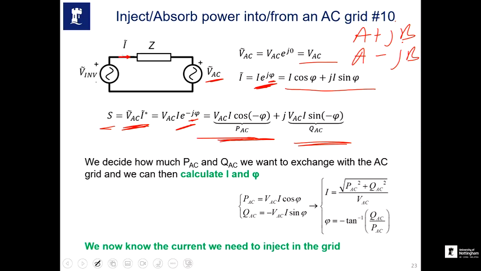So we have one part which is the AC real power, and another part which is the AC reactive power. Okay, so we can write two equations, PAC and QAC, as you can see in here.